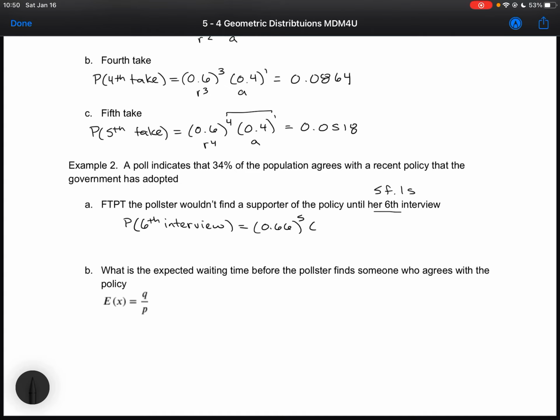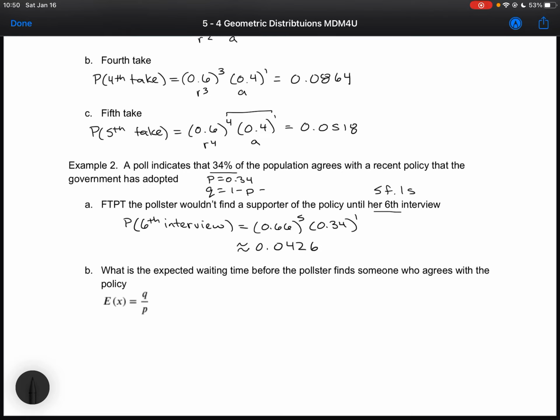I have 5 failures, and then I have 1 success, so 34% chance. Multiplying those together is going to give me approximately 0.0426, or about 4%.